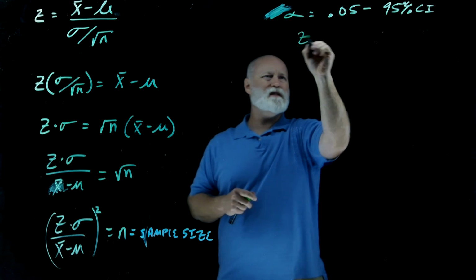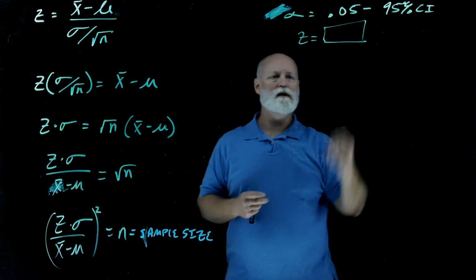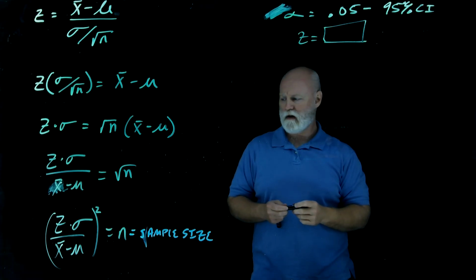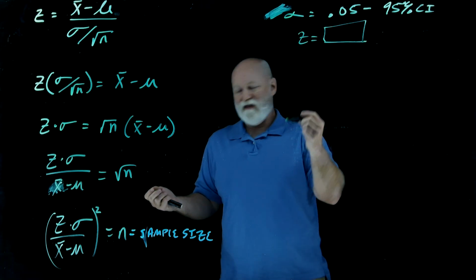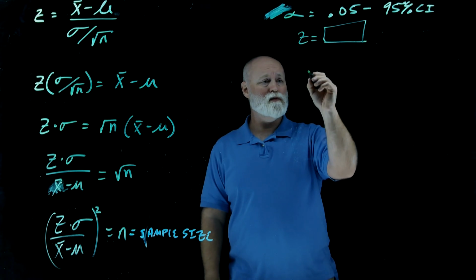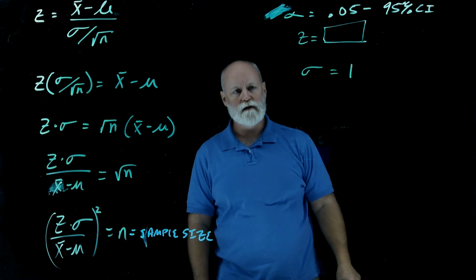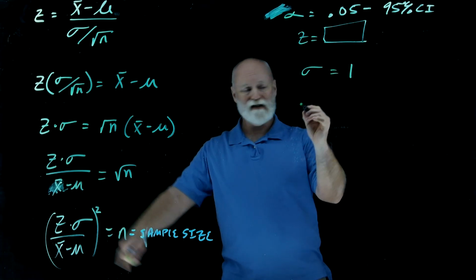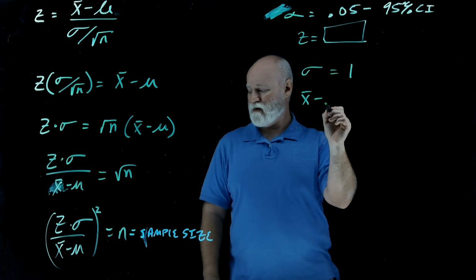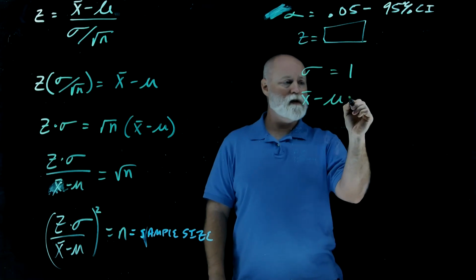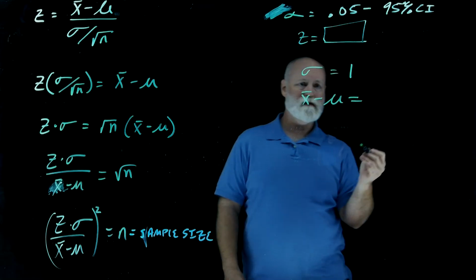So z is equal to some value, and we go to the z table and we find that value. One other thing we can do here is assume standard normal, which means that our standard deviation is 1. And in that case, x bar minus mu is going to be equal to something.